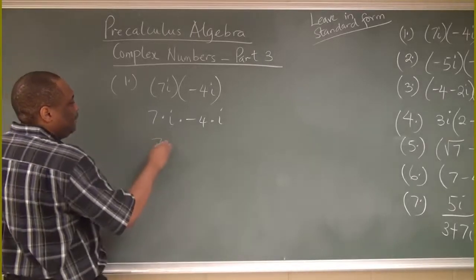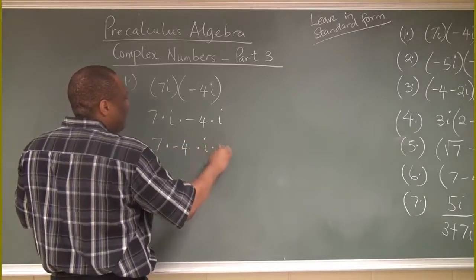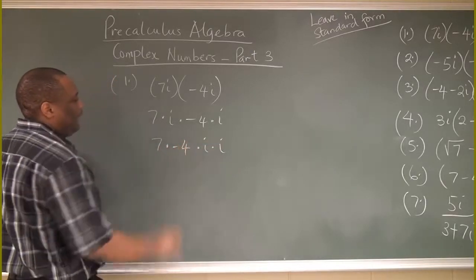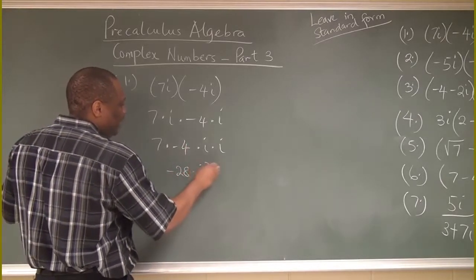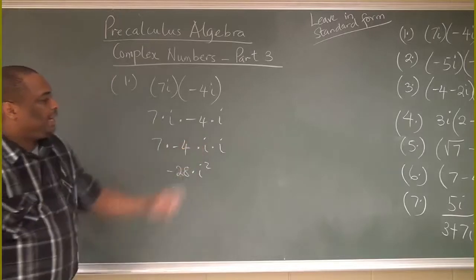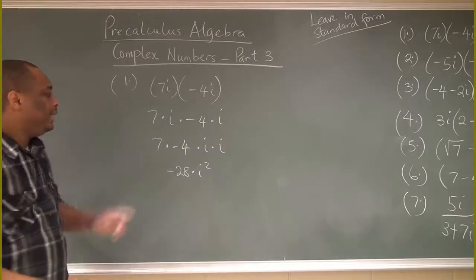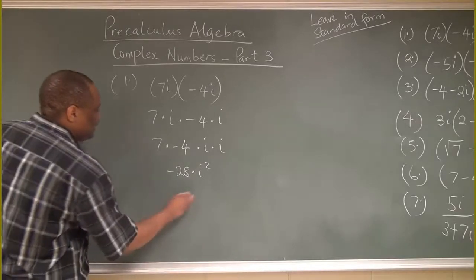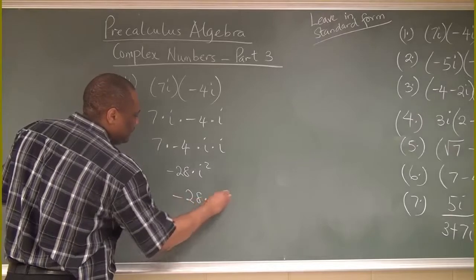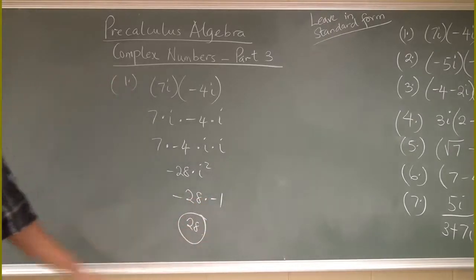I'll multiply them. 7 times -4 times i times i, and that will give you -28 times i squared, because i times i is i squared. Now remember that our i squared is -1. So this is -28 times -1, and that will give us 28 as the answer.